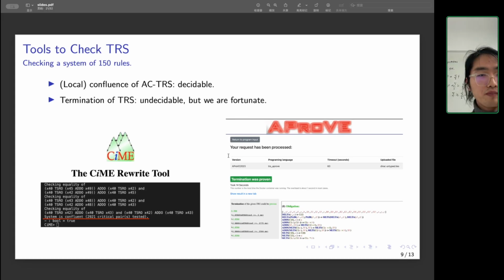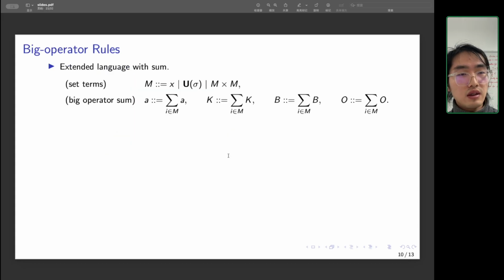So that's the story. We have a core language which covers most of the symbols in Dirac notation, and it is sound and complete. But there is one thing: we don't have big operators. So we further extend the language with some.